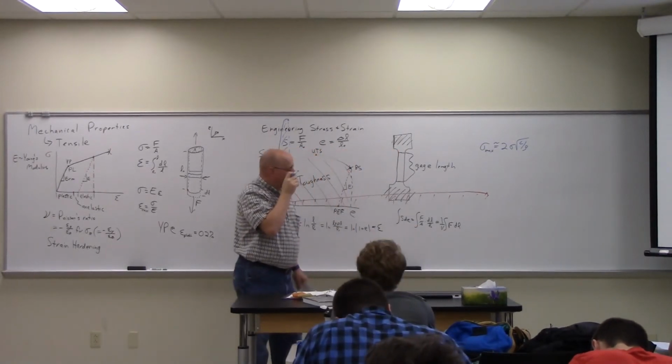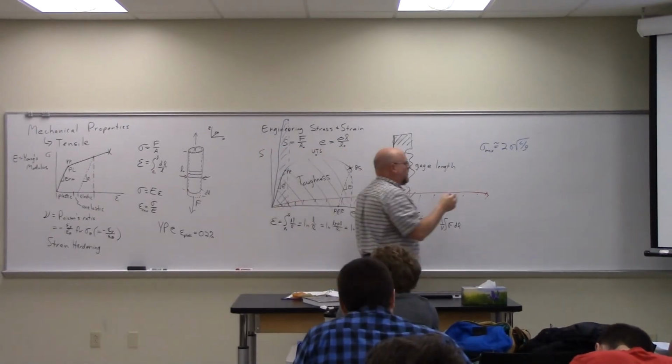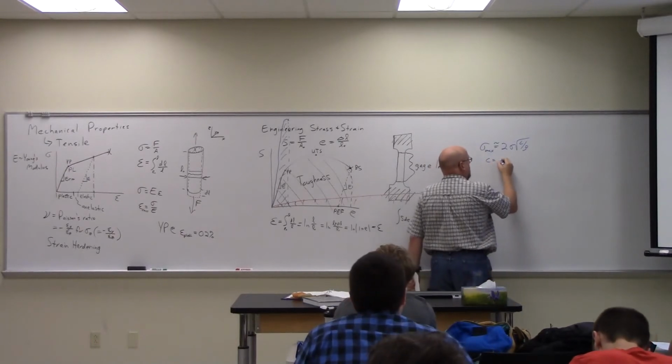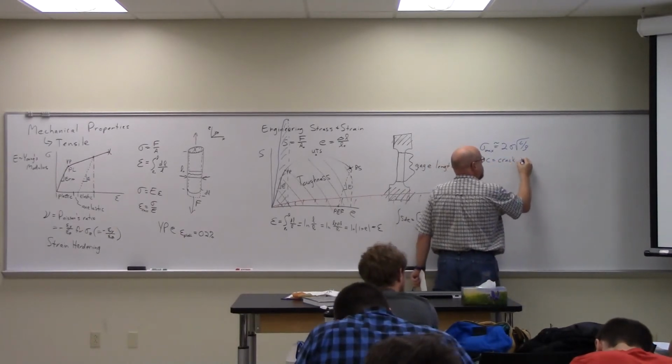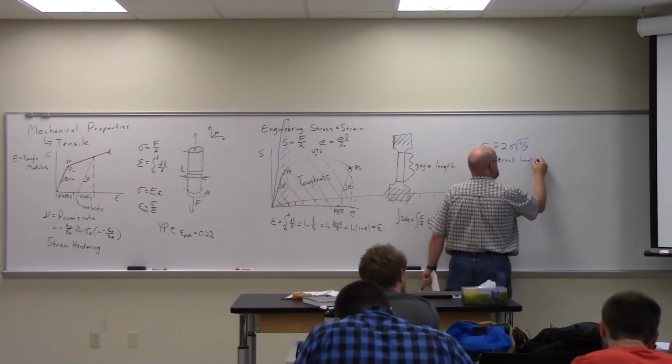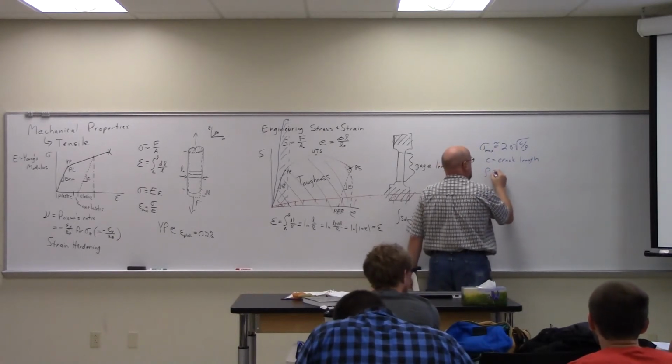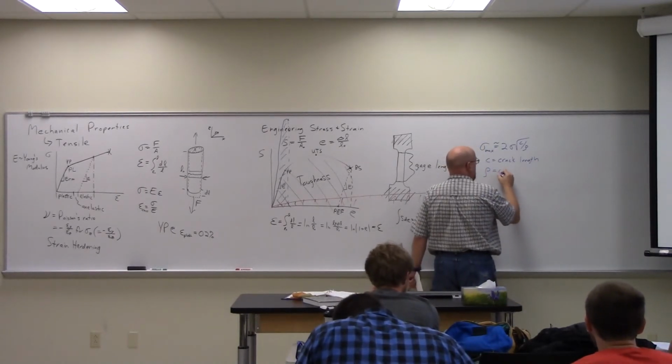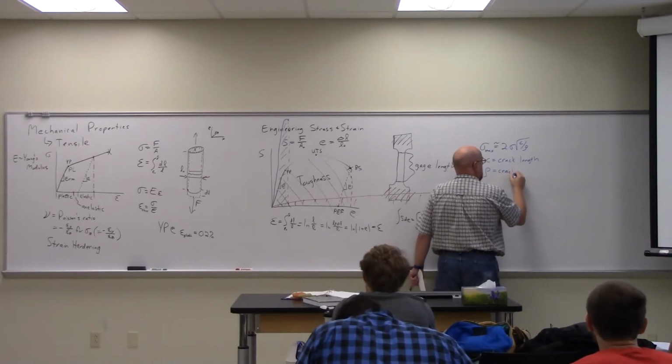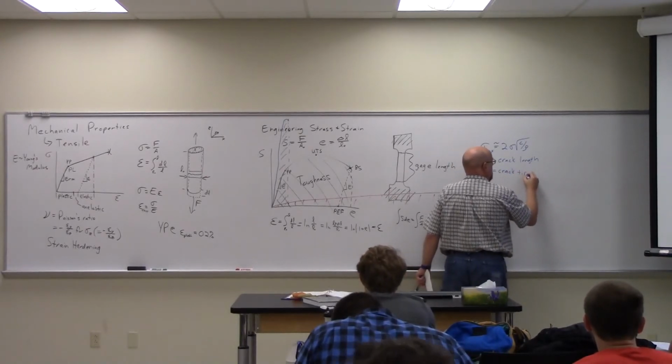Because C and rho are, C is the length of the crack, and rho is the crack tip radius.